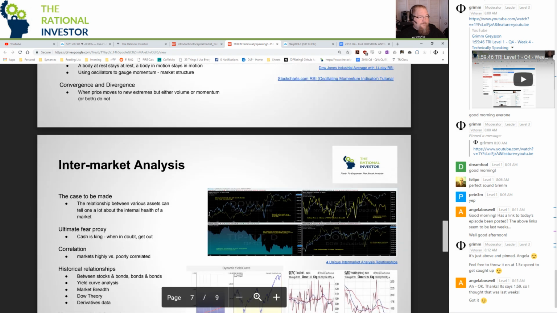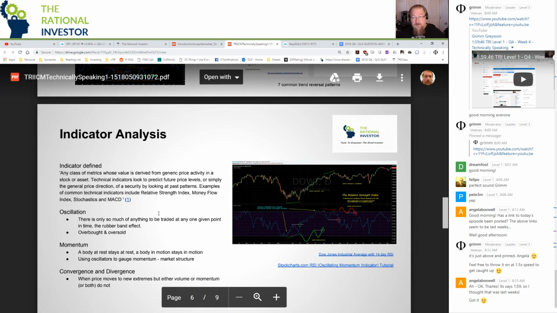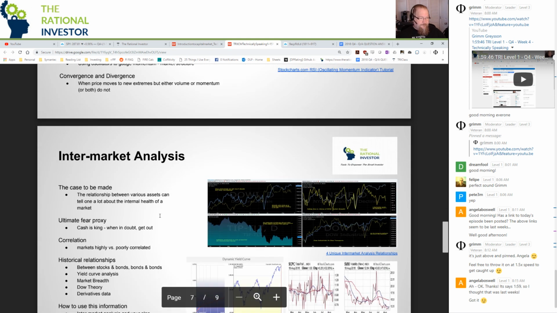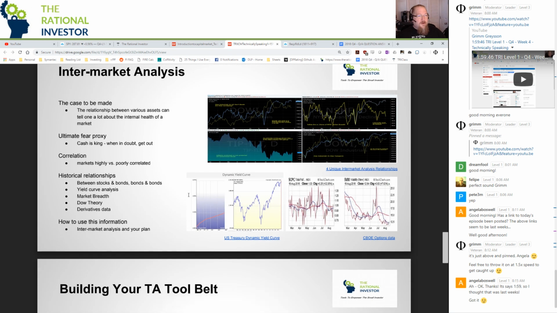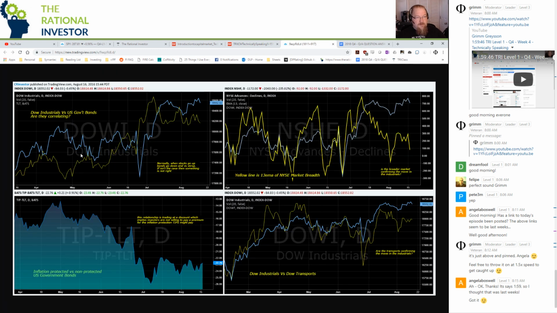All right. So that's indicators, and we're going to talk a lot about a number of indicators over the next few weeks. Then we have intermarket analysis, right? Various assets will correlate with each other. Here's the blown up view of that first picture on there. We see the Dow Industrials versus the bonds here on this particular index. This is industrials versus government bonds. Are they correlating?